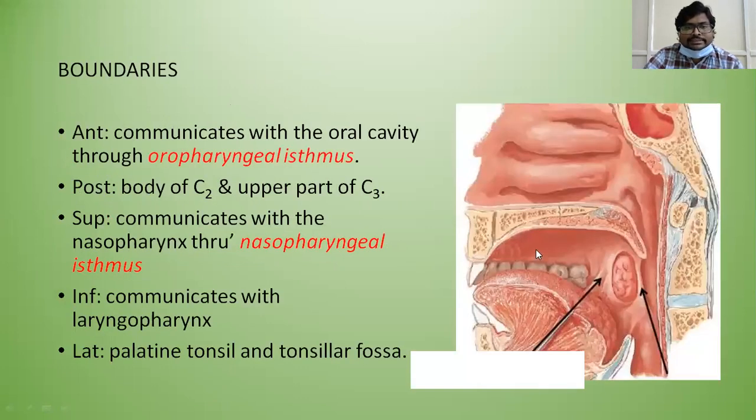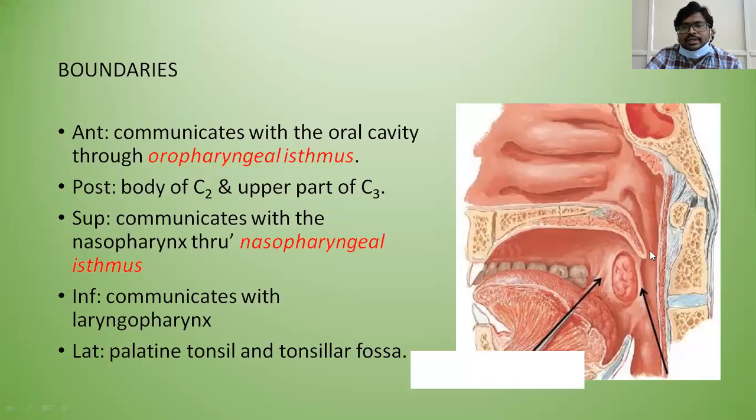Now coming to the boundaries. Anteriorly, the wall is deficient. It leads into the oral cavity. Anteriorly below, it is related to the base of the tongue, the vallecula and the upper end of the epiglottis. Posteriorly, it is related to the posterior pharyngeal wall mucosa, which lies over the body of the axis and upper end of C3.